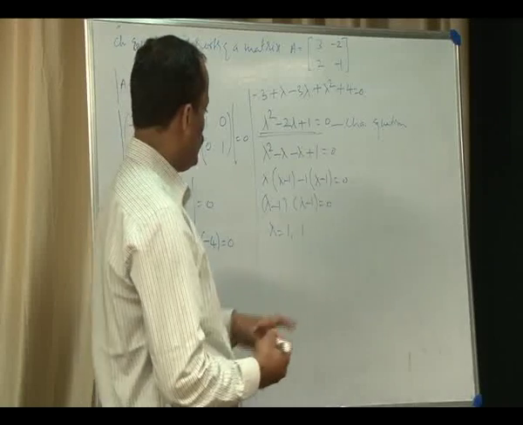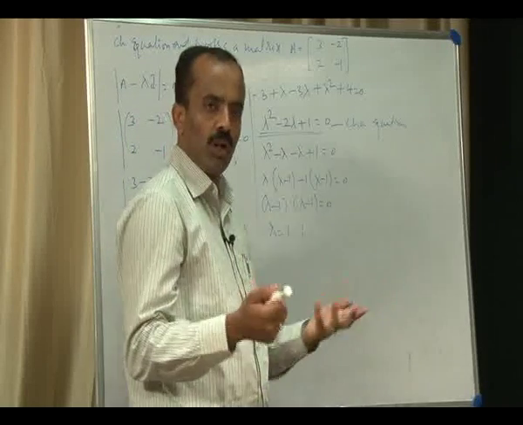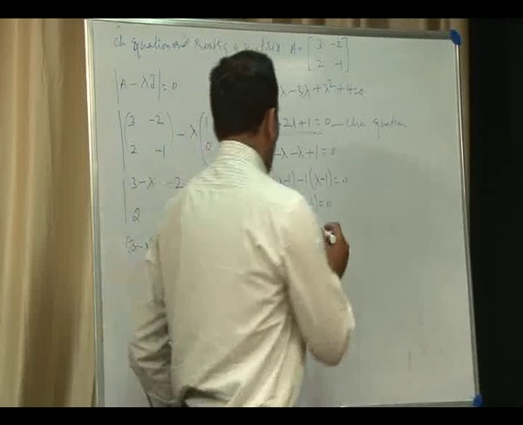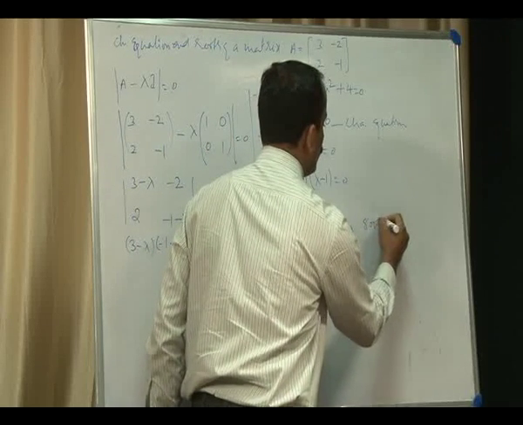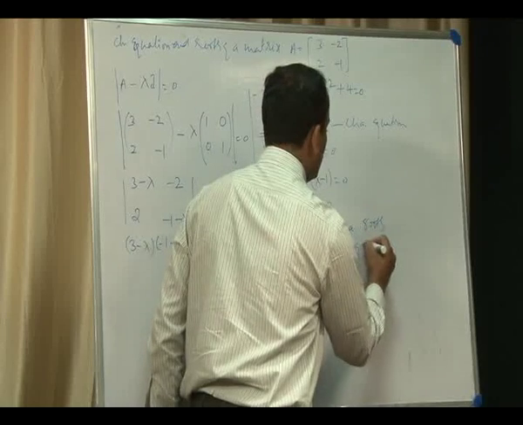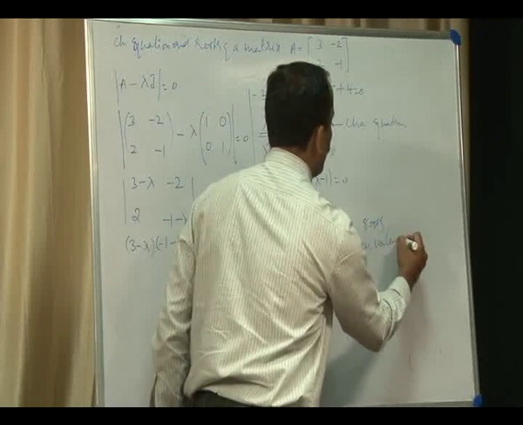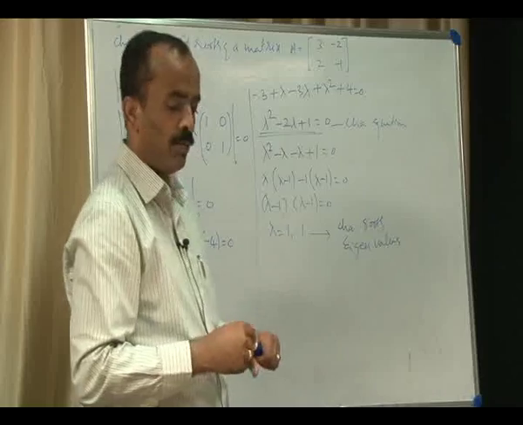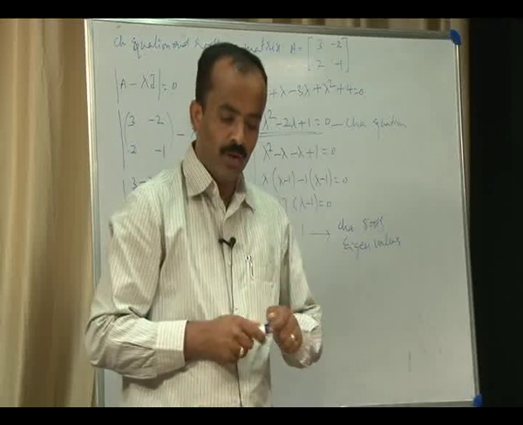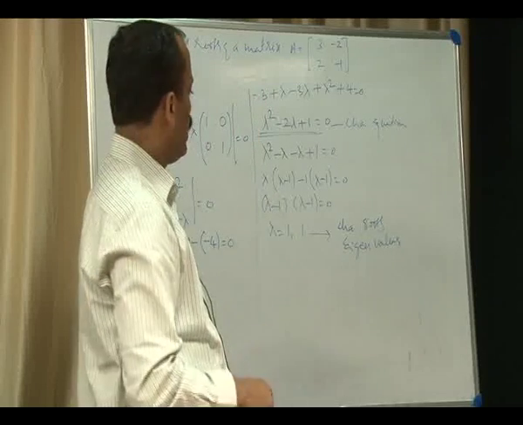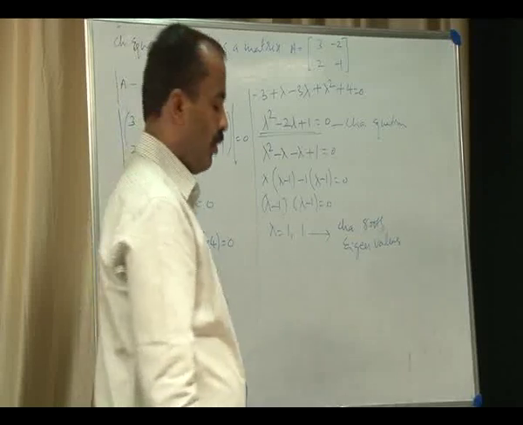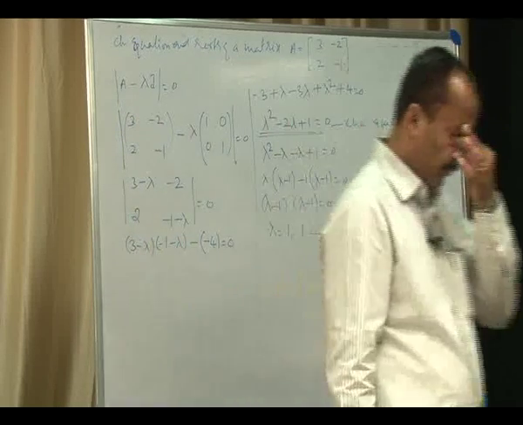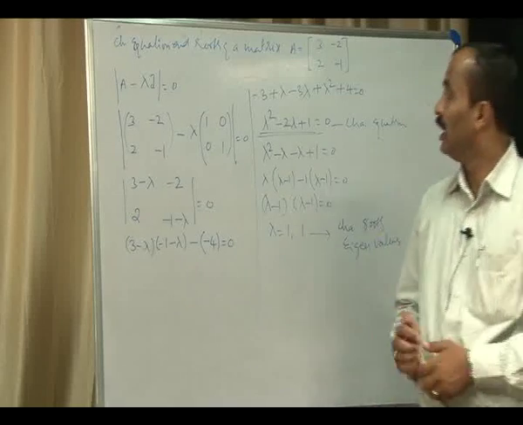These values, lambda is equal to 1 and 1, are called characteristic roots, or they are also called eigenvalues. Now, what is the question?